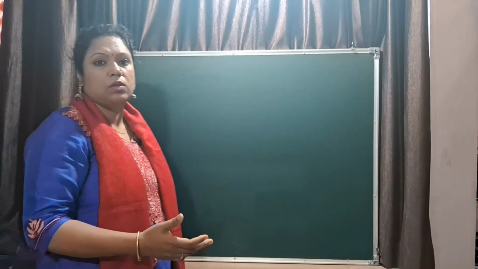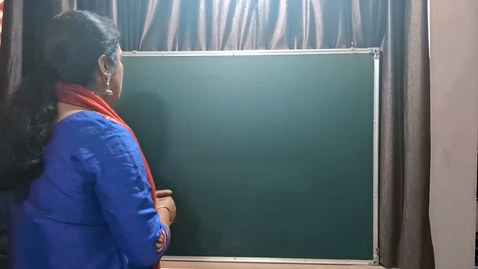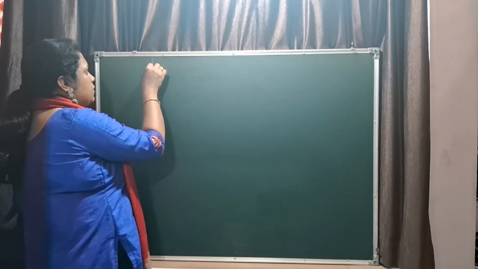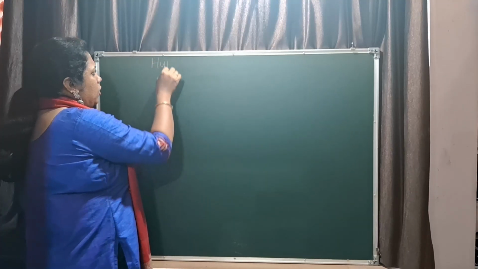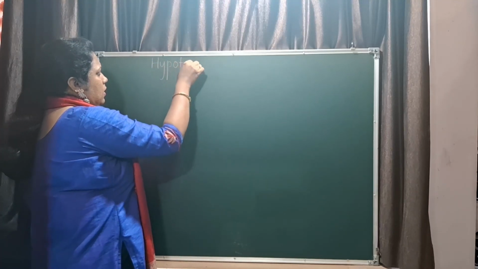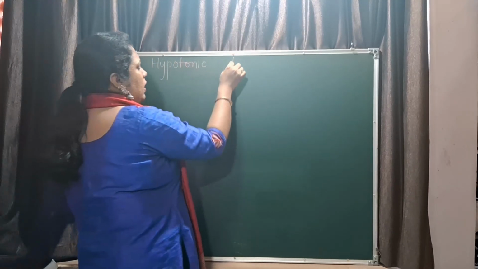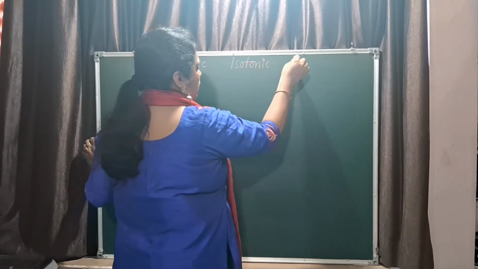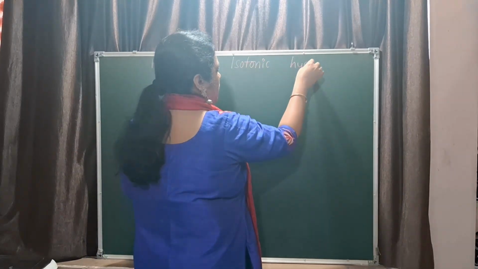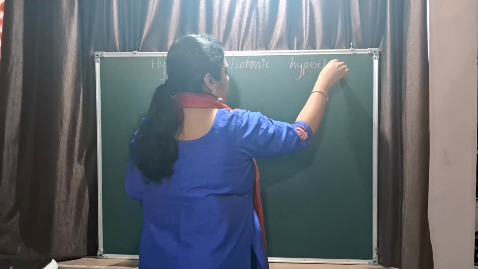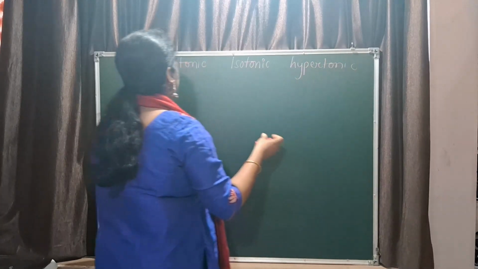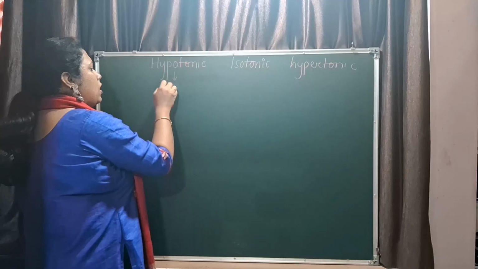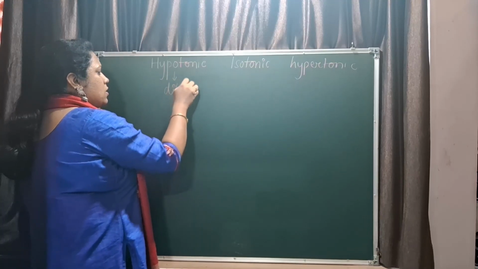Now we talk about the different types of solutions. There are three types of solutions. First is hypotonic, and then you have isotonic, and you have hypertonic. The dilute solutions are called hypotonic solutions.